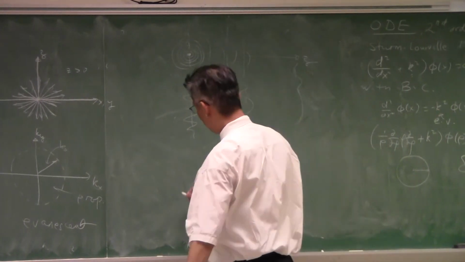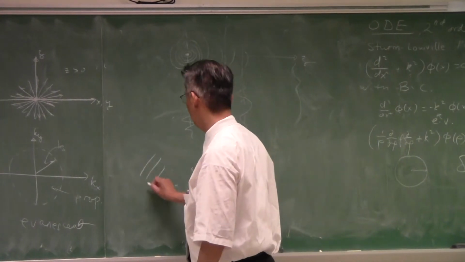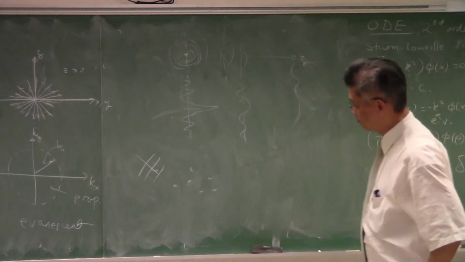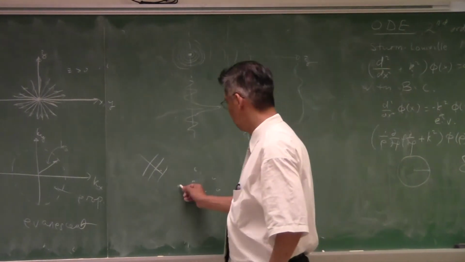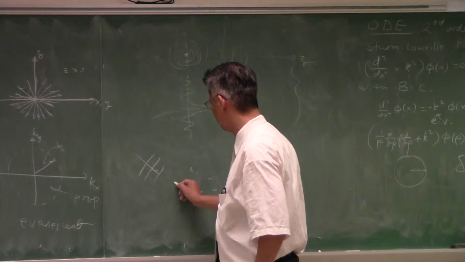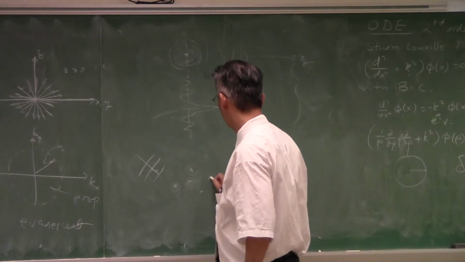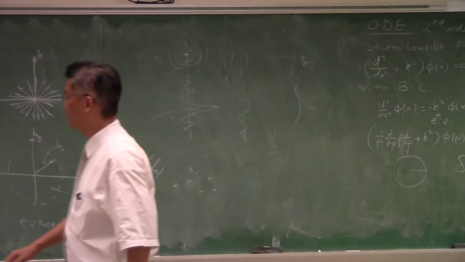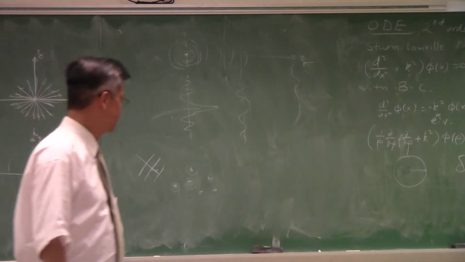Say if I have a whole bunch of point scatterers, if I send in a plane wave coming in, the plane wave is very smooth, but the time when it hits those point scatterers, it produces a lot of point sources. These point sources will re-radiate. And each of them will re-radiate like this function over here, like a small spherical wave. Okay?